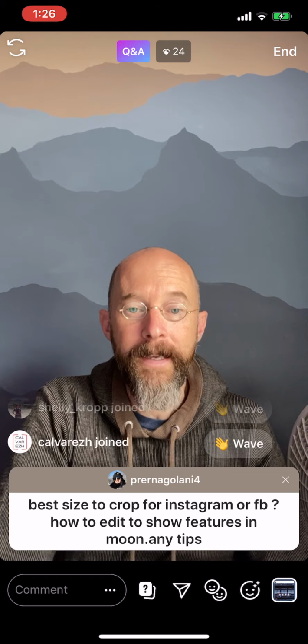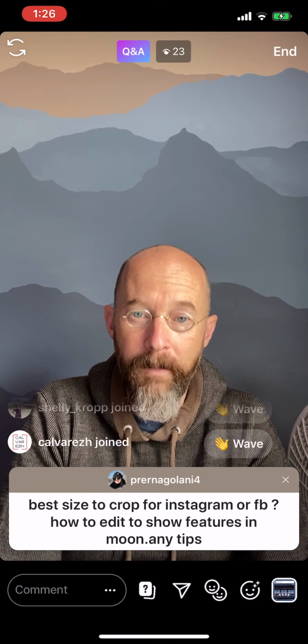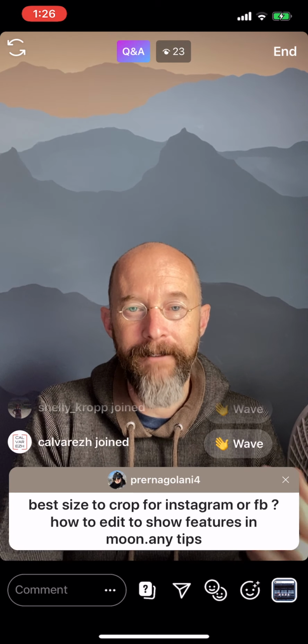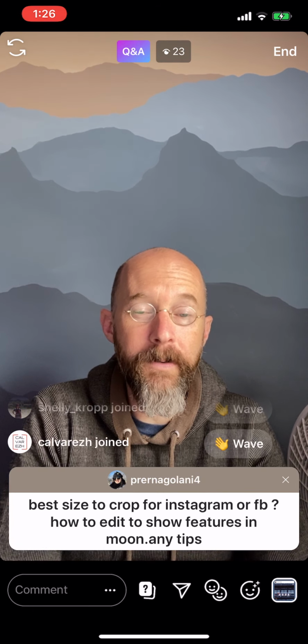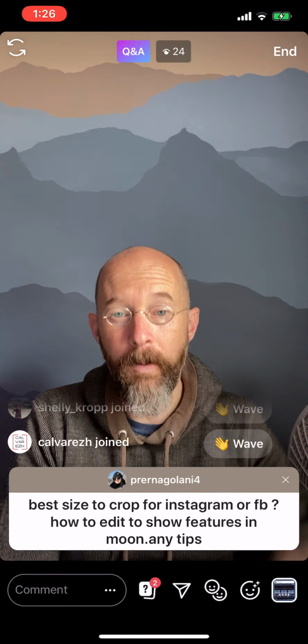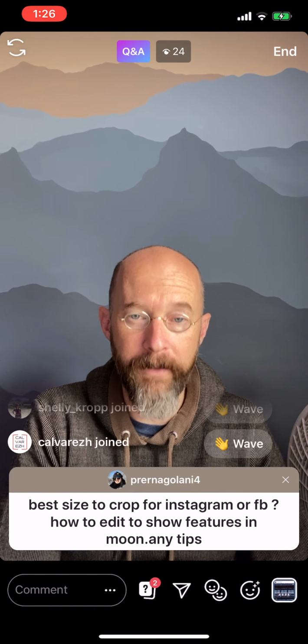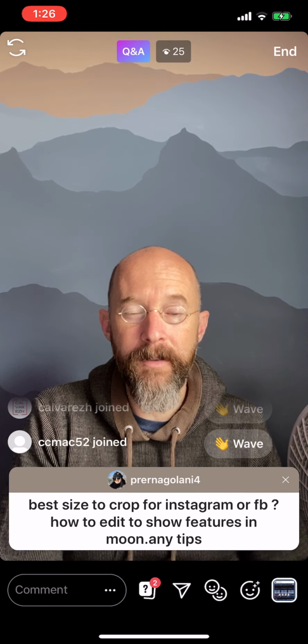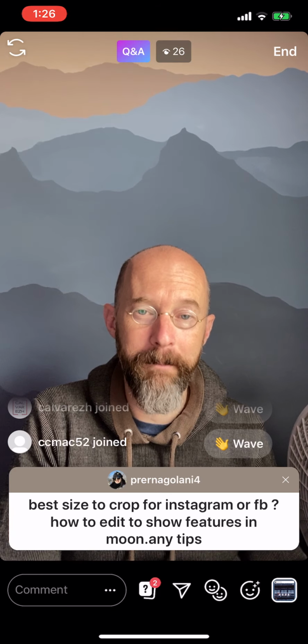Now, if you have already taken the moon shot, which you have, and you still feel that the moon is like a ball of glowing white, then what you would do is take your highlights and your whites down, lower those parameters within Lightroom or Photoshop or any editing software that you have, and take them down to the point where you can start to see detail in that moon face.